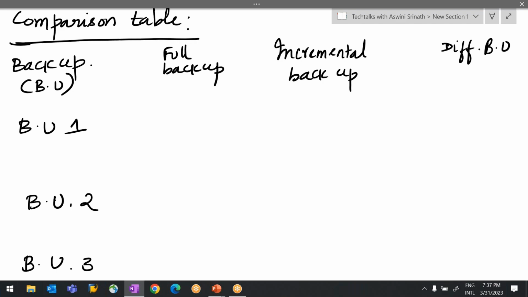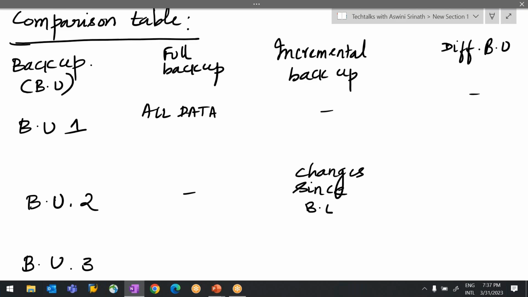So imagine on day 1 you are taking a full backup. So here you consider all data for the backup. Here there is no incremental backup to take. You don't take any differential backup. On day 2, you take backup 2. Here we are not taking a backup of the full data. You're taking incremental backup for changes since backup 1.